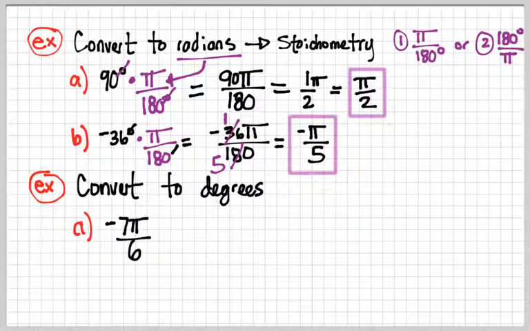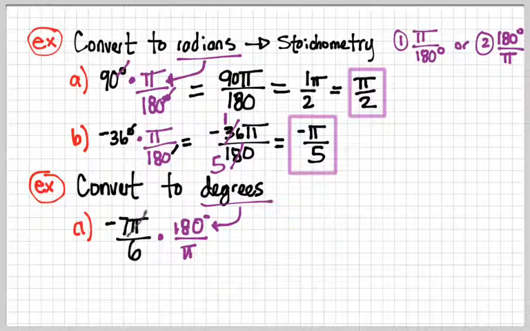Again, look at your two ratios. We're trying to go into degrees, so we can put degrees up top. So it'll be 180 over pi. There's your degrees. And you'll see again, the pi's cancel.